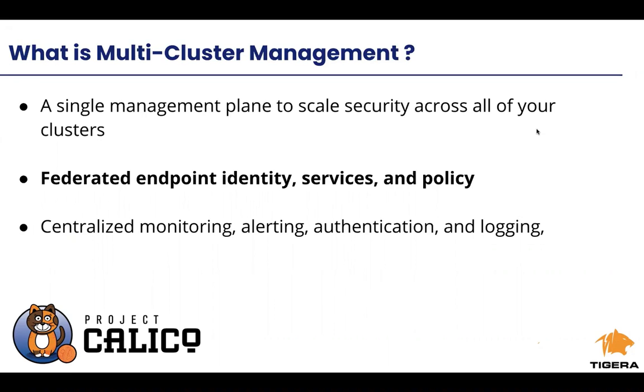You can observe the workloads inside of your cluster. You can see the allowed and denied flows. You can manage all the security controls across all of your clusters from a single pane of glass.